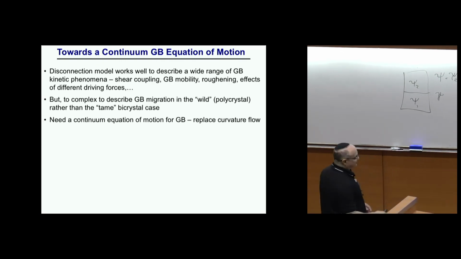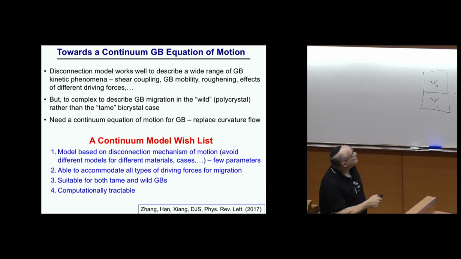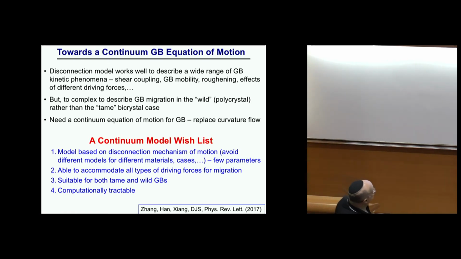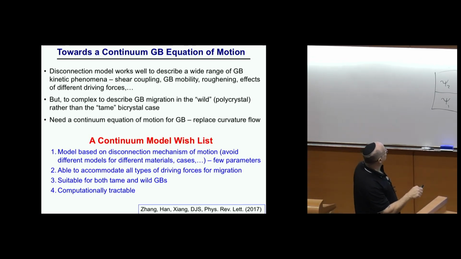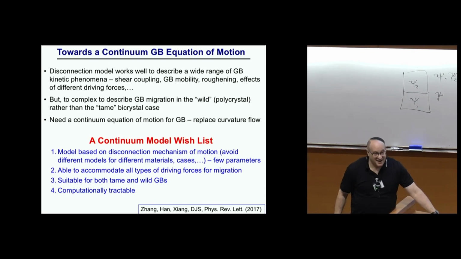We want something that we can use for a case like that. And we want to respect the fact that this moves by this disconnection mechanism. We want to be able to talk about all kinds of driving forces, work for bicrystals and polycrystals, and we want it to be computationally tractable. So that's the goal.